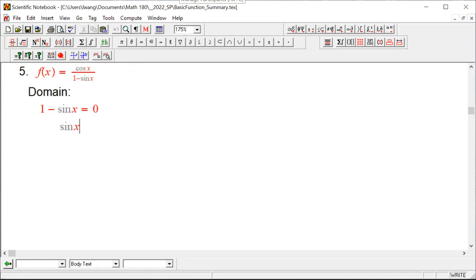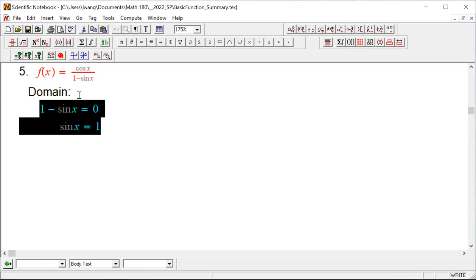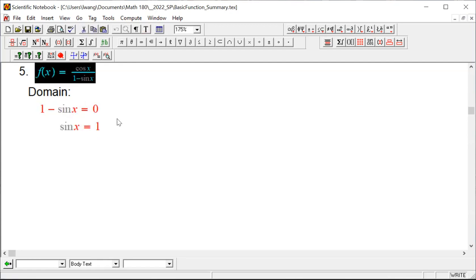Sine x will equal 1, right? We're thinking of all the real numbers that x cannot be to make it equal 1, and those numbers must be excluded from the domain for this function. So what are those numbers? What makes sine x equal to 1?